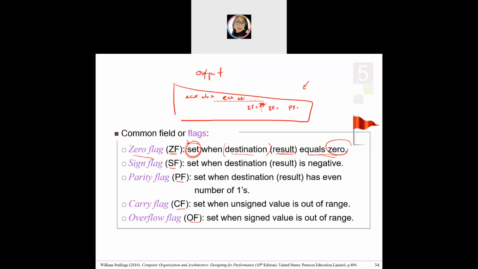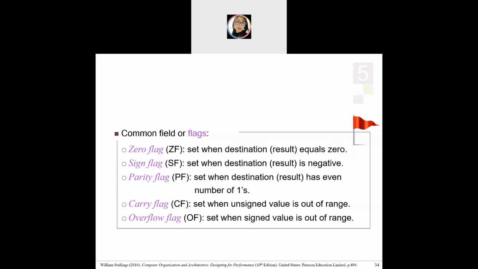While for the sign flag, if your result at the destination is negative, you are going to have SF equal to 1, which is set. If SF is 0, then you have a positive result. Another one is the parity flag.